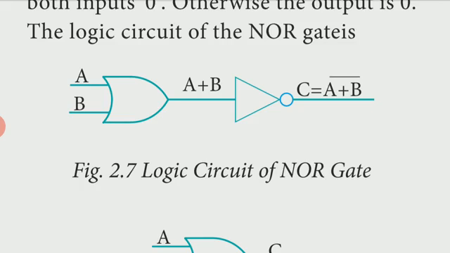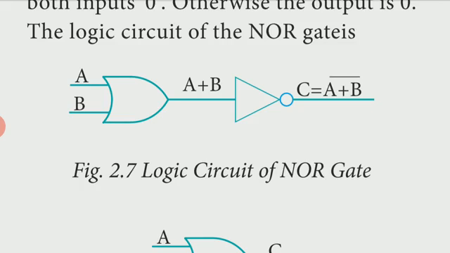That OR gate output is used with the NOT gate, because NOR is a combination of OR and NOT gates.